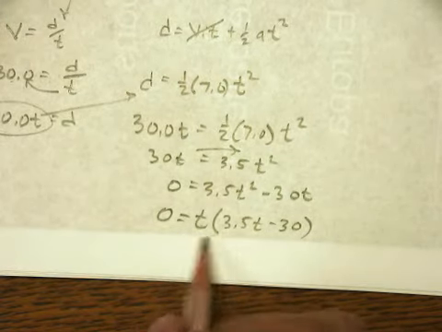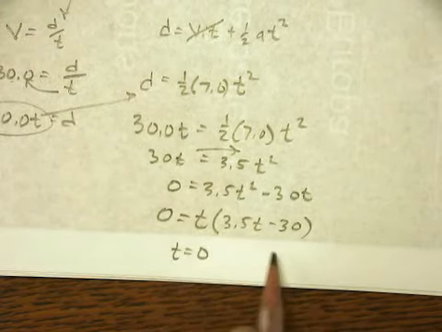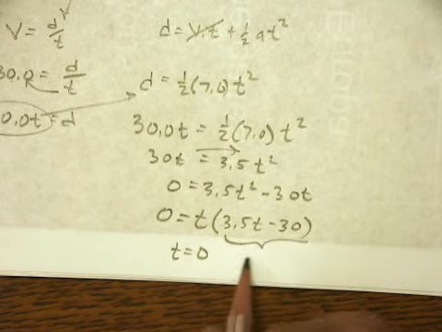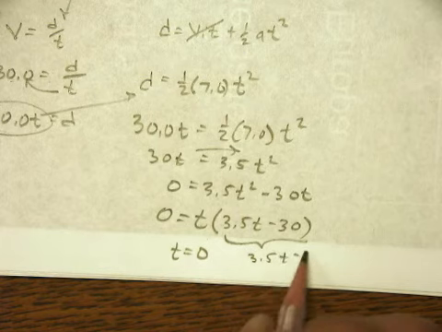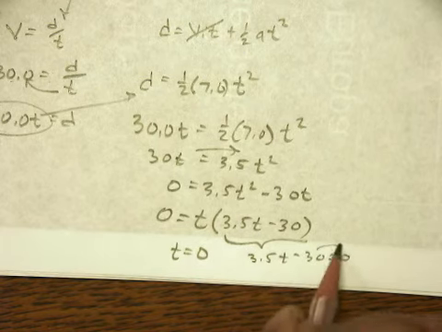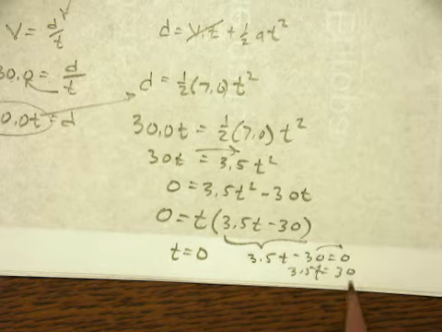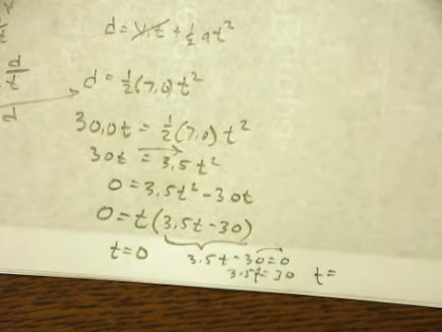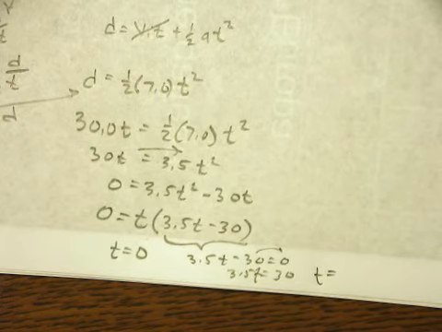So the question is, well, solve this for t. Well, t equals 0, and also t equals, where does this piece equal 0? Where does 3.5t minus 30 equal 0? Well, you move the 30 over, so 3.5t equals 30. So t is equal to 30 over 3.5.